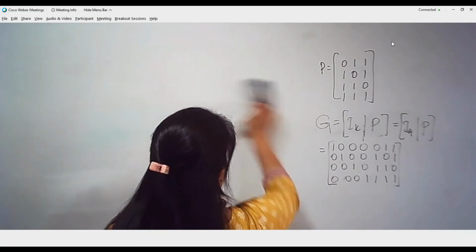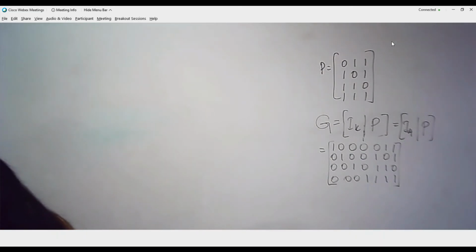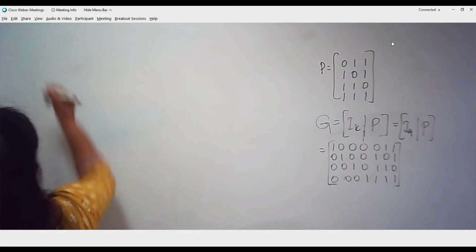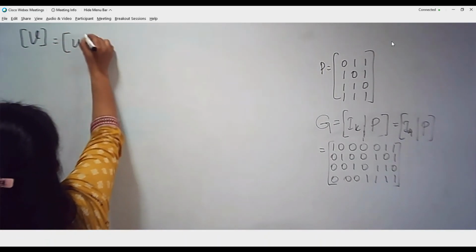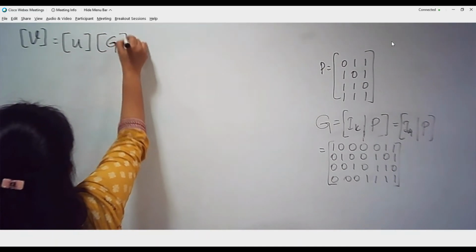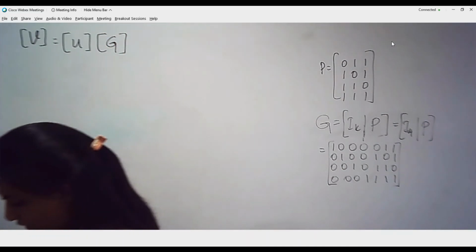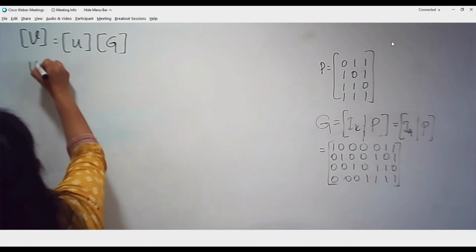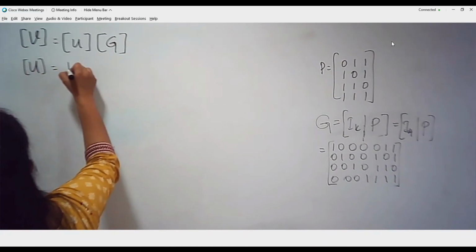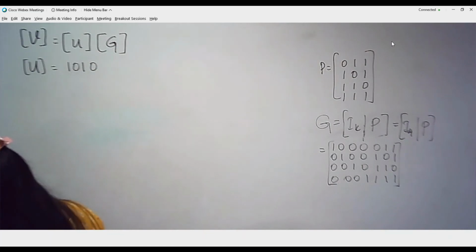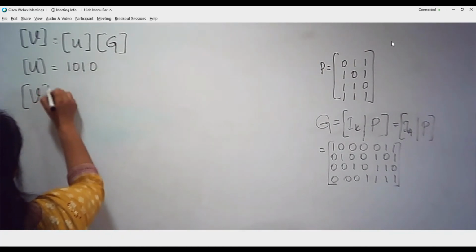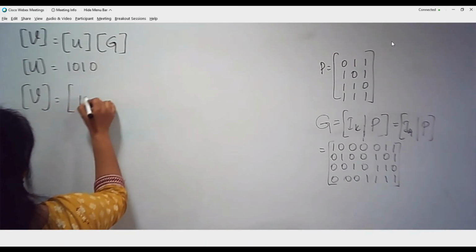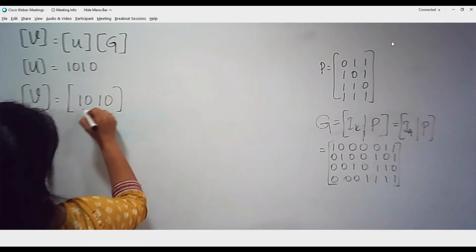Once I know the generator matrix, the generation becomes simple. That is, the code vector V is equal to the message vector U times the generator matrix G. Let me consider a U combination, which is 1 0 1 0. For this, you please find out and tell me what the code vector V is for 1 0 1 0.